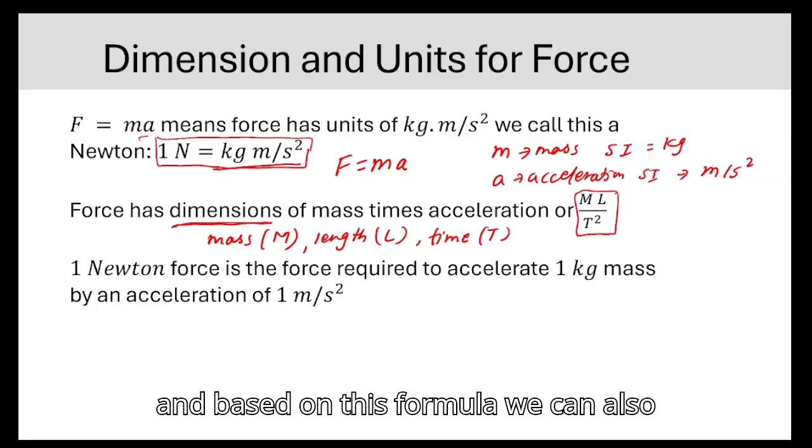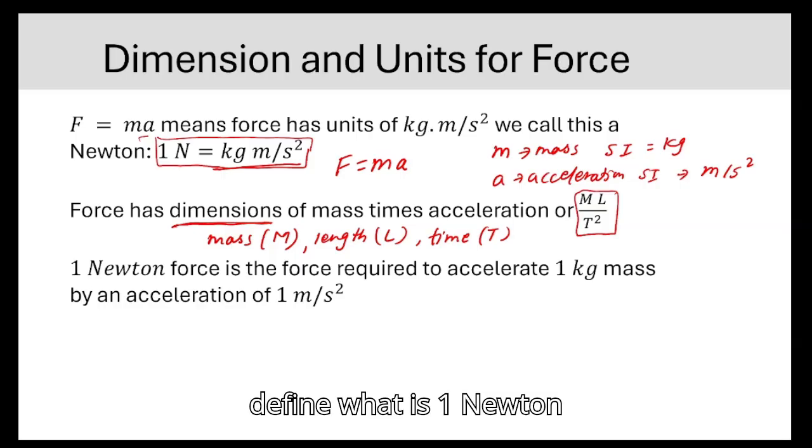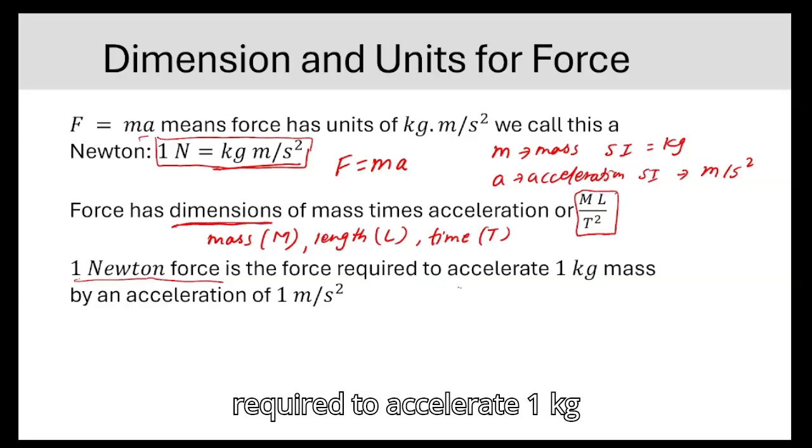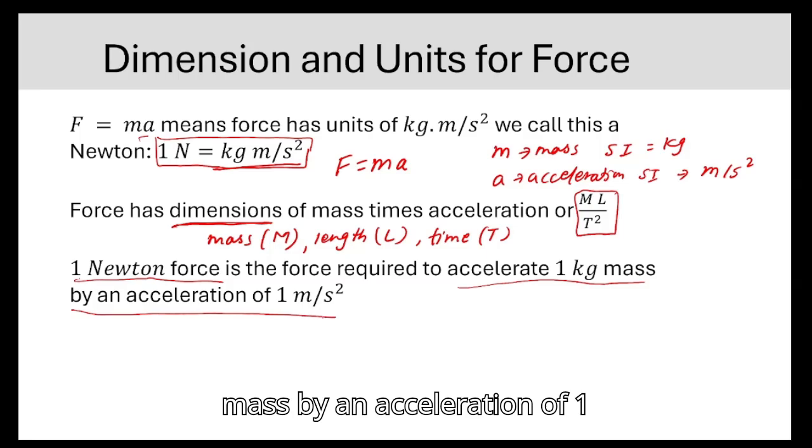Based on this formula we can also define what 1 Newton is, and 1 Newton is the force required to accelerate 1 kg mass by an acceleration of 1 meter per second square.